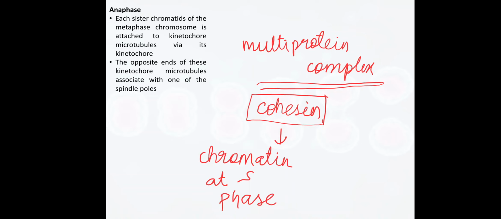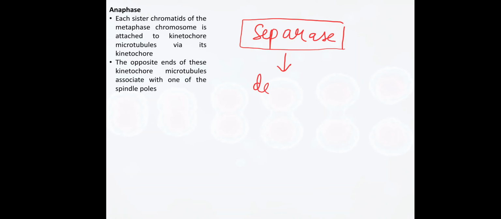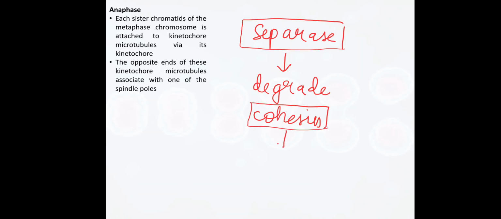So during anaphase, what happens to this multi-protein complex? How will cohesin leave the sister chromatids so they can separate? There is a protein called separase. This separase will degrade cohesin. We know that cohesin is associated with chromatin at which stage?